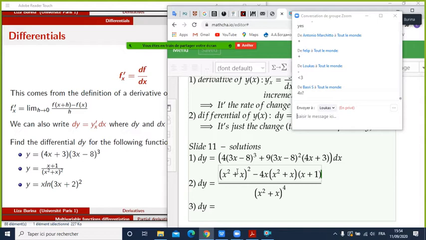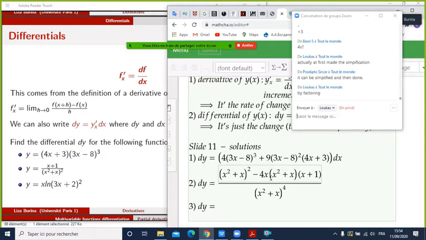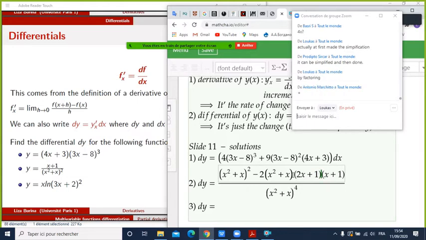The derivative of the denominator is 2 times x squared plus... wait now, I'm going to write it all. 2x plus 1. Now it's good, right? It can be simplified and then done.